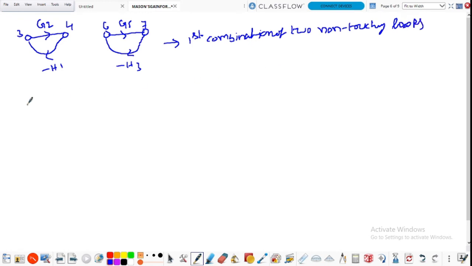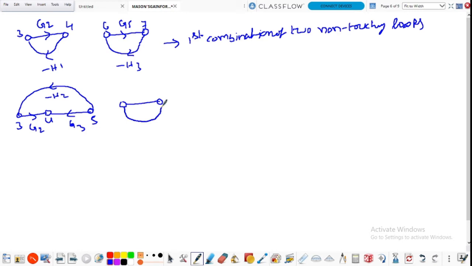And note the second combination. Three, four, five. This gain is G2. This gain is G3. This gain is minus H2 and 6 to 7.